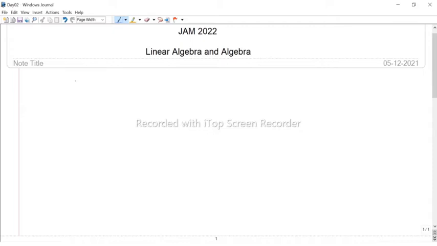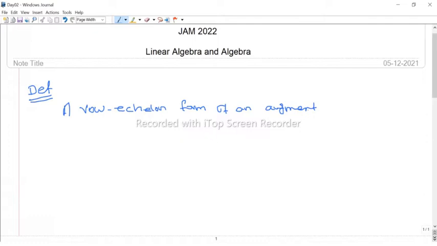So definition, row echelon form. A row echelon form or echelon form of an augmented matrix is of the following form.